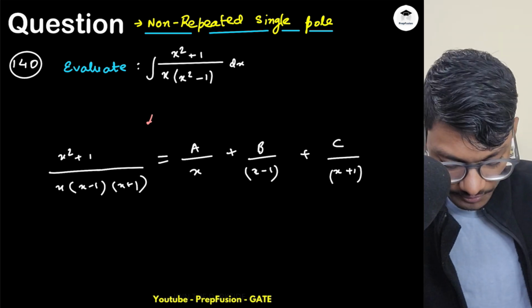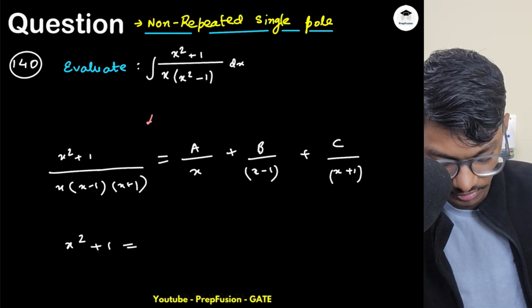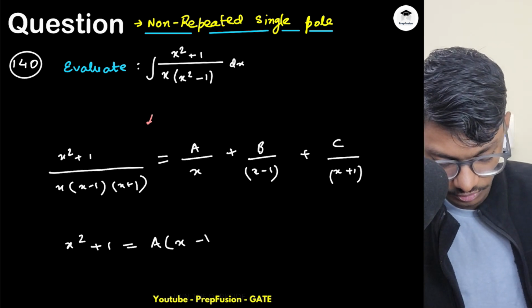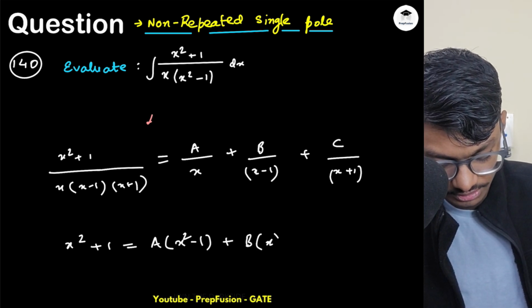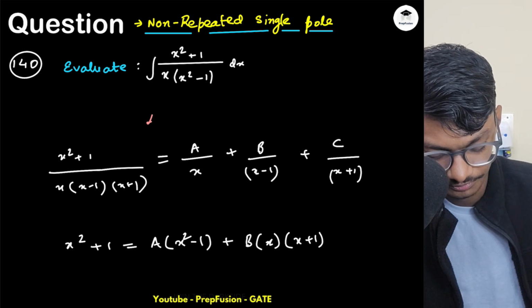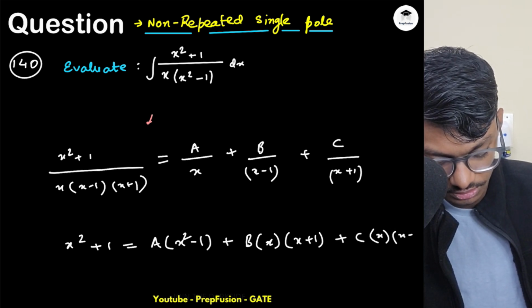Now if I cross multiply by x into (x minus 1) into (x plus 1), I will get x squared plus 1 equals a times (x minus 1)(x plus 1), which is x squared minus 1, then b will have x into (x plus 1), and c will have x into (x minus 1).